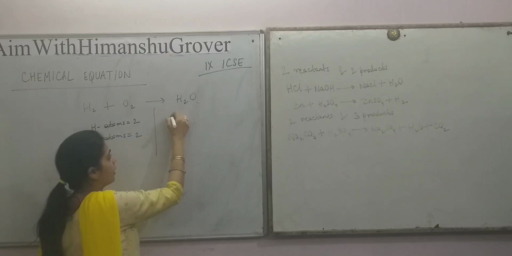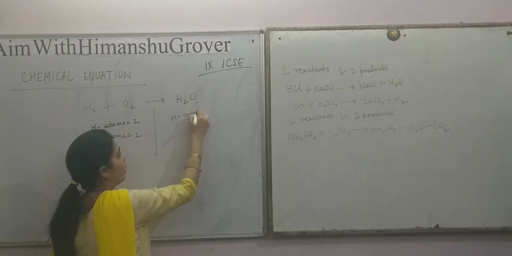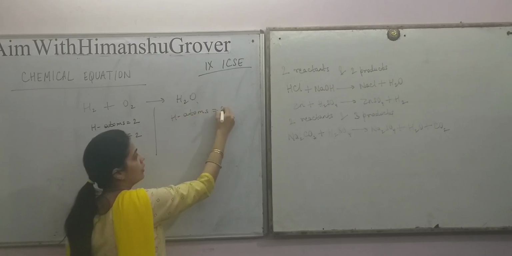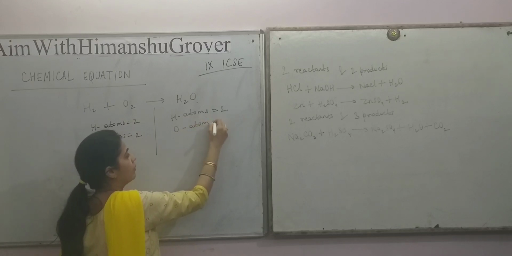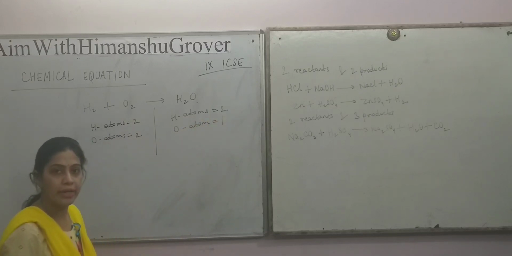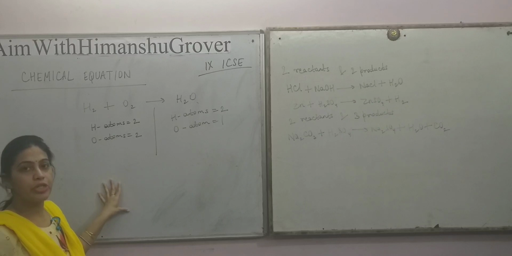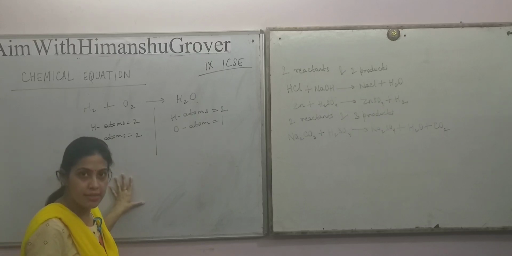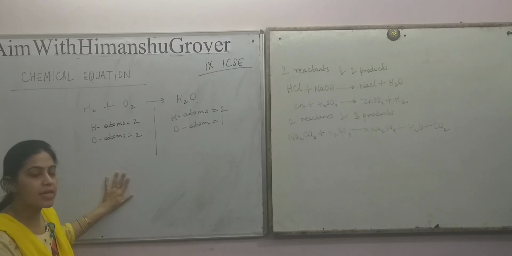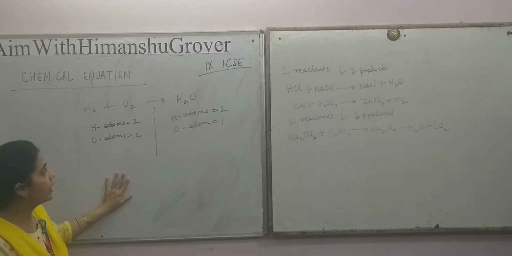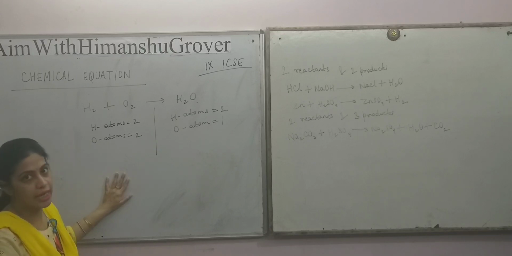On the product side, the number of hydrogen atoms is 2, but the number of oxygen atoms is only 1. That means this equation is unbalanced. It is a skeleton equation, जहाँ number of atoms हर एक element के equal नहीं है अभी इस equation में, तो इन्हें unbalanced equation कहा जाएगा.